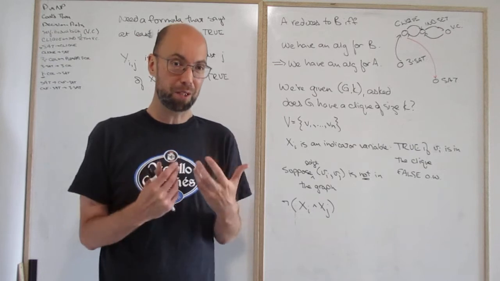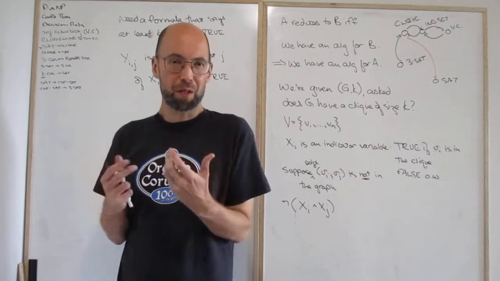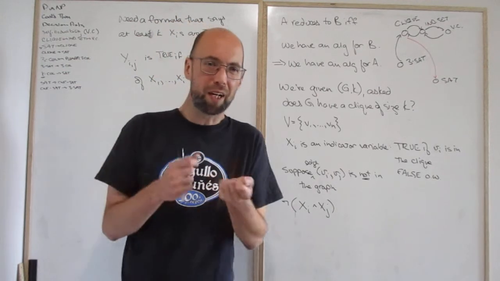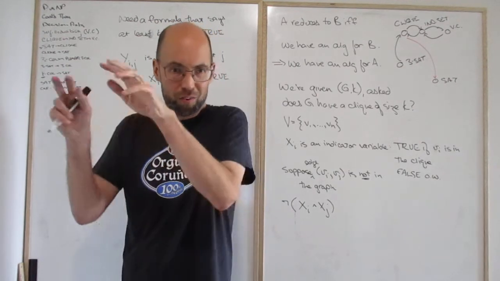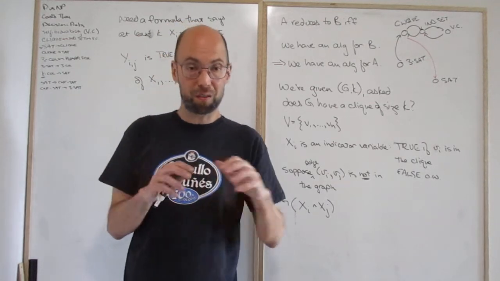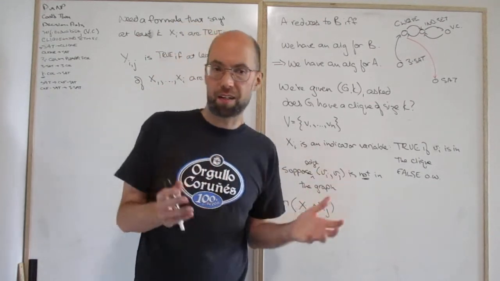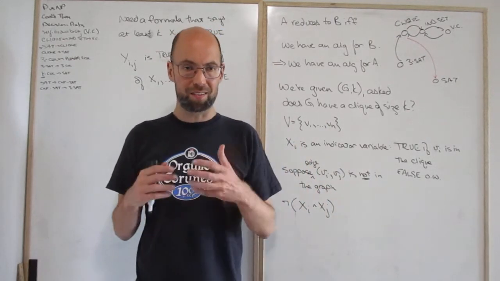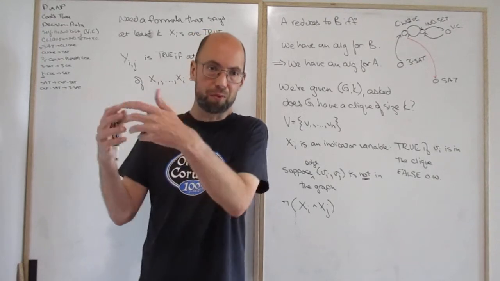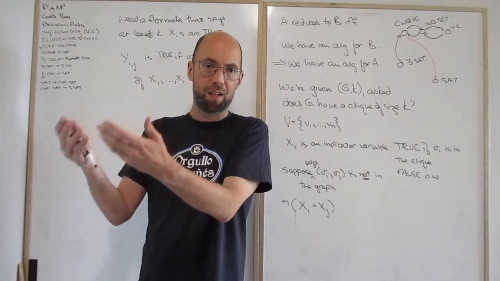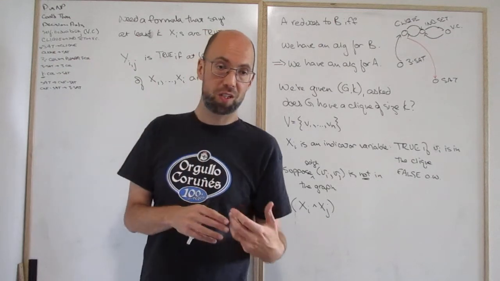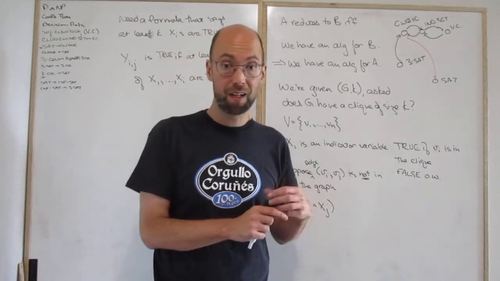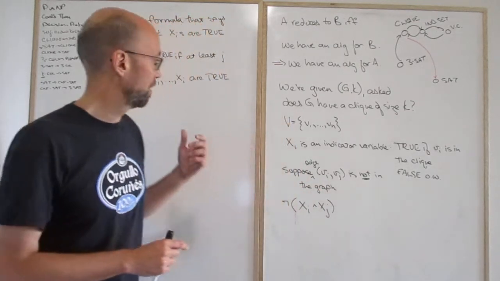If I'm given a problem where I can recognize the solution in polynomial time, then I can probably write a formula that sort of says this has a solution. It's going to be polynomial size, and then it's an instance of sat. And that's sort of how Cook's theorem works. You actually prove that given any problem where you can recognize a solution, you take it, turn it into machine language, and then turn that into a sat formula. So I think it's easier if you go this way.